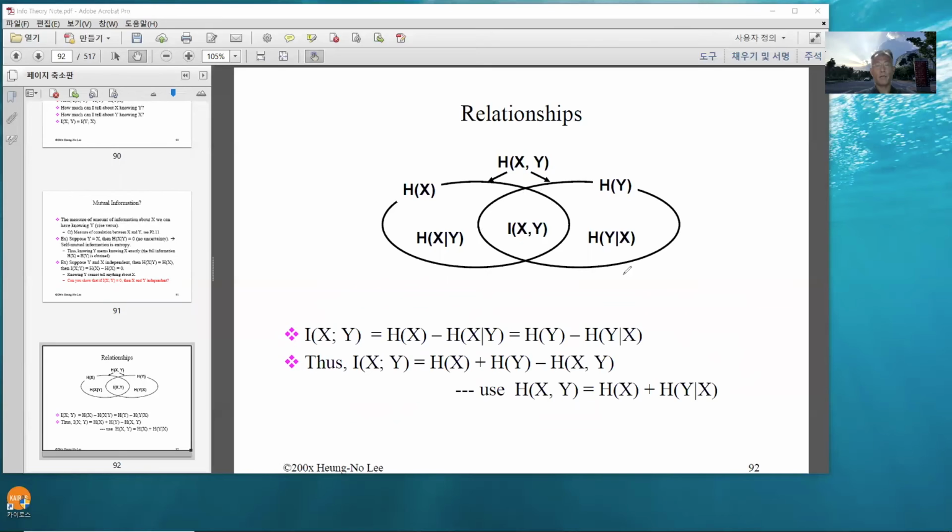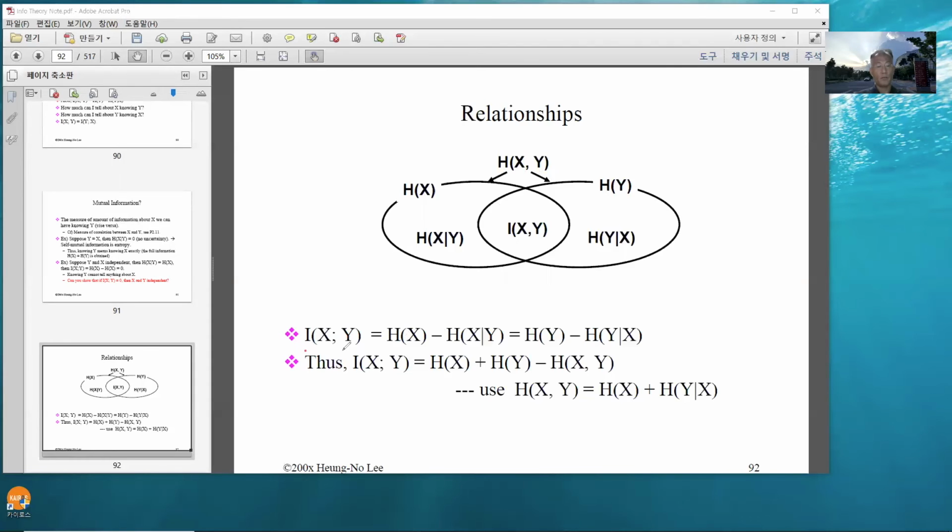Or H of Y can be written as mutual information plus H of Y given X. And then here is the joint entropy, which is the entropy of the joint distribution. So it is the addition of these cases. That's the relationship that comes out right here.